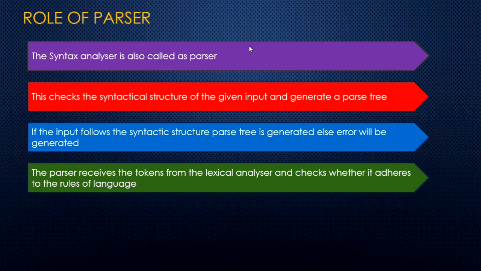If it adheres to the rules, a parse tree will get generated. If not, it will throw an error message, which will be handled by the error handler. The parser is also called a syntax analyzer, so syntax analyzer and parser are synonymous.